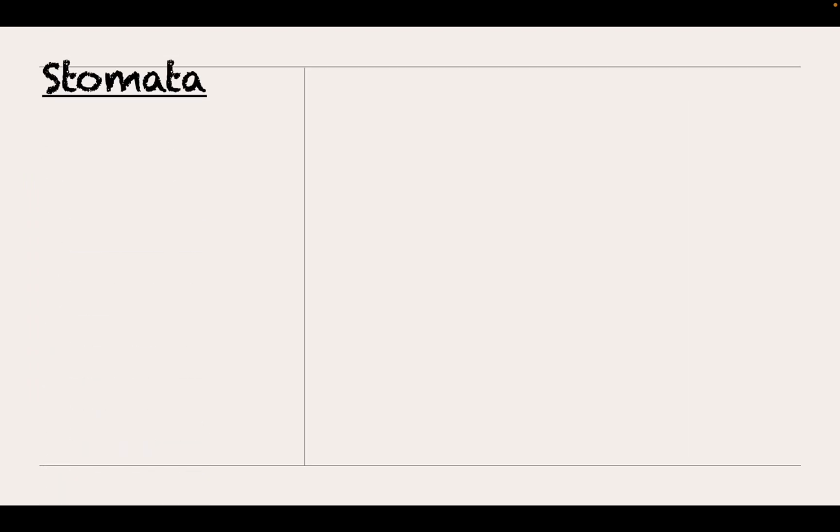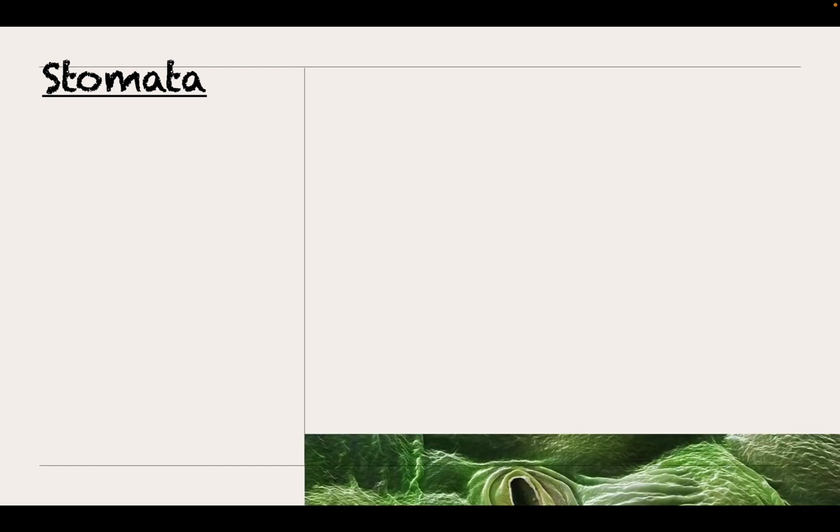I want to introduce you to some of the terms which are important during the process of photosynthesis, some parts of the leaf which play a very important role. So one of them is stomata. What exactly is stomata?